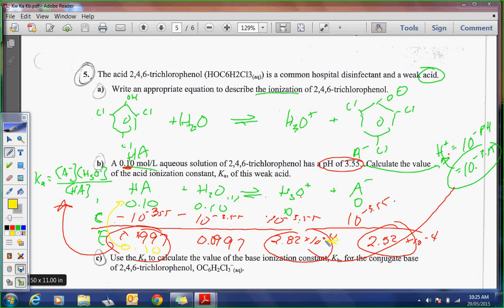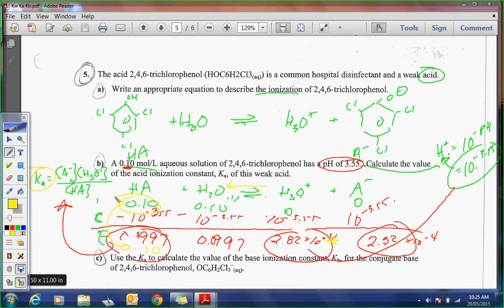The fact that this is such a weak Ka, such a small Ka value, means that the equilibrium lies heavily on this side. Meaning very, very little of it dissociates, or ionizes, pardon me. Meaning this remains relatively unchanged. So this is the assumption we make, which has a big long rule and a big long discussion, which I'm skipping over.